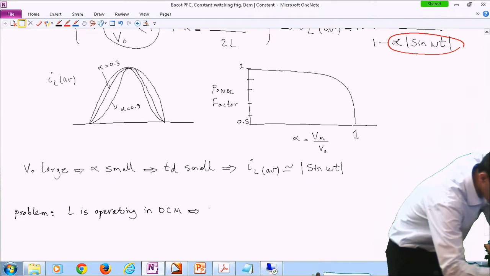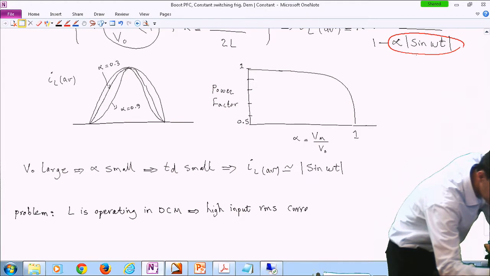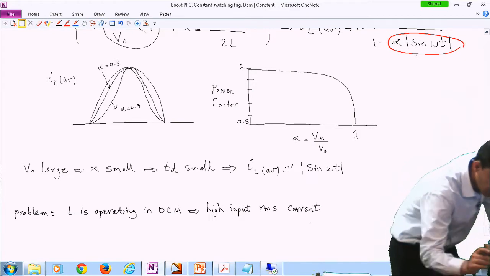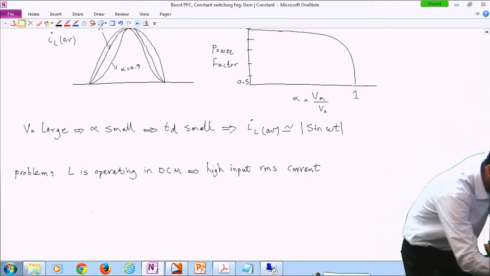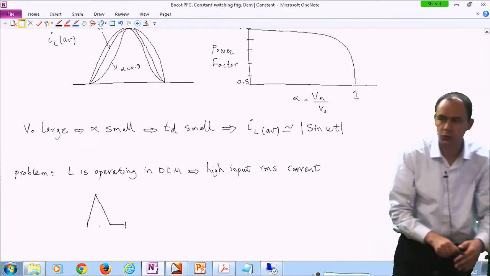Therefore, high RMS current. What we mean by that is, let's just focus on one period.